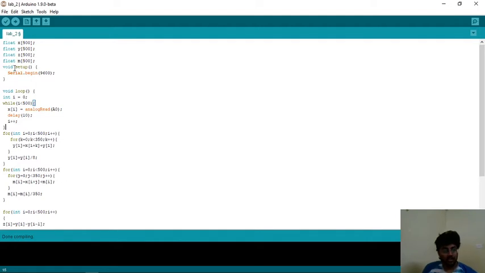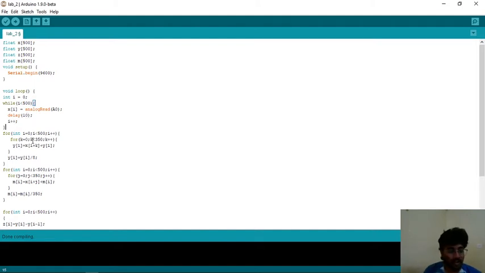In void setup, we have written Serial.begin(9600). In void loop, we have taken the variable i as an integer equal to 0 and written a while loop for less than 500, such that we take 500 samples, with the input read as analogRead(A0) from the Arduino board. We set the delay to 10 milliseconds, so that the PPG sensor takes data every 10 milliseconds, such that the sampling frequency is 100 hertz.